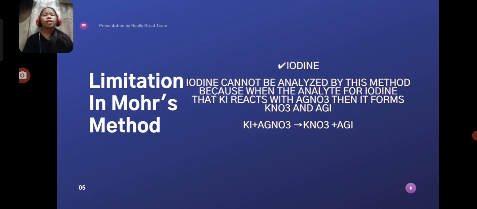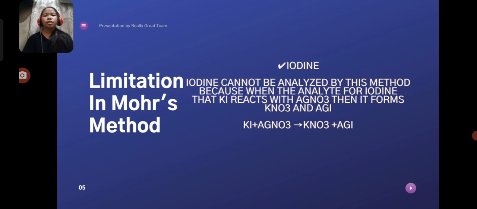And then the last one is iodine. Iodine cannot be analyzed by this method because when the analyte for iodine, KI, reacts with AgNO3, it forms KNO3 and AgI. So the reaction of KI plus AgNO3 results to KNO3 plus AgI.